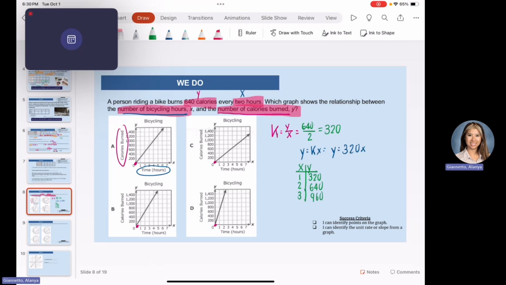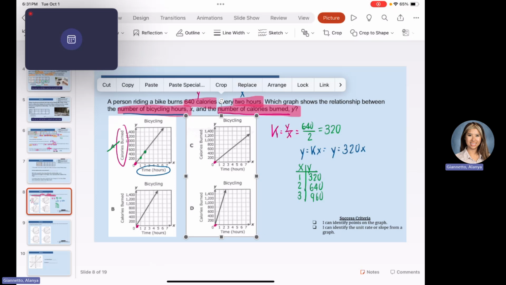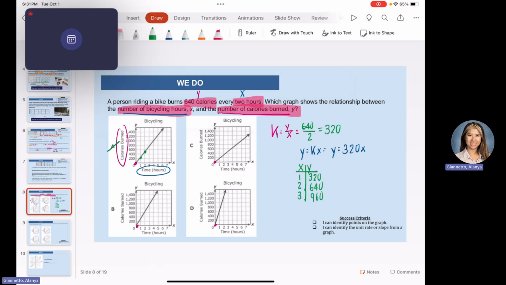So A, looks like when x is 1, our y is between 200 and 400, which is what we need. Then for 2, on the graph, our y value is between 400 and 600, but in our table, we need it to be 640, so it can't be A. Then for B, for 1, again, the y value is between 200 and 400, so it could be 320.